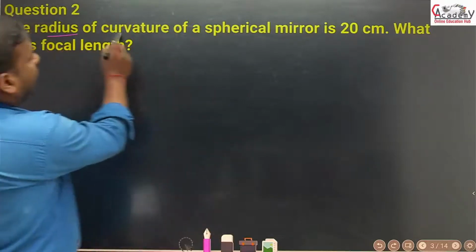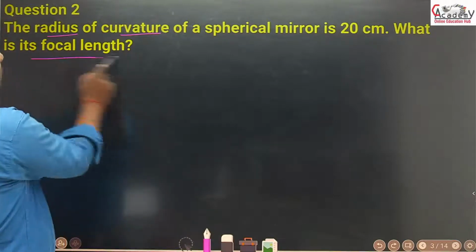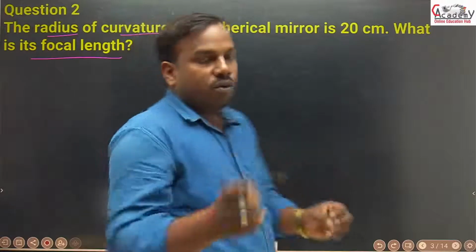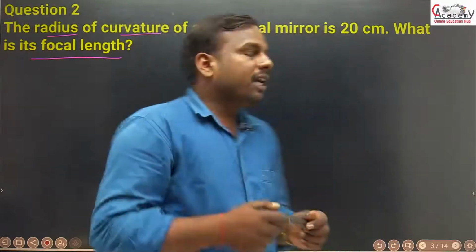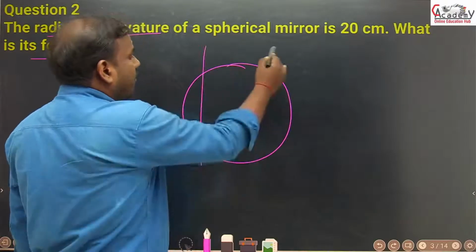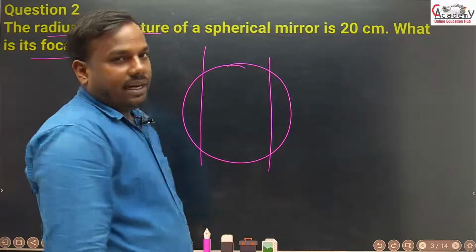The radius of curvature of a spherical mirror is 20 centimeter. What is the focal length? Spherical mirror, you know what a spherical mirror is? It is a part of a sphere. We have two types of spherical mirror, concave and convex.